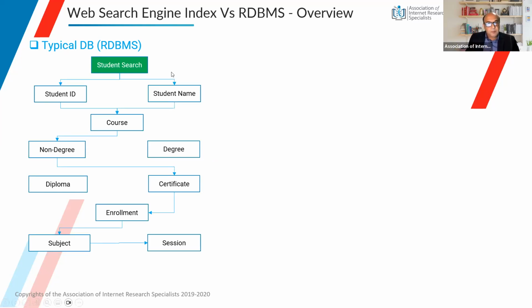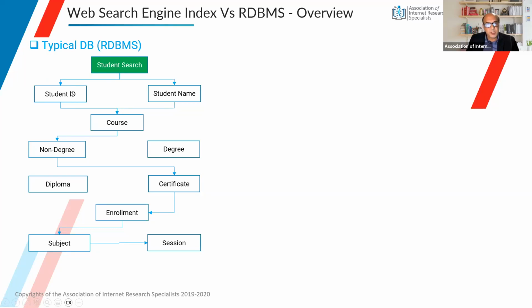Okay. In a typical RDBMS, or Relational Database Management System, I'm just going to give you a simplified organization of how an RDBMS works, or what a typical database is.